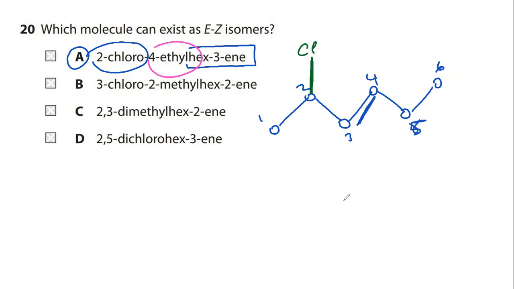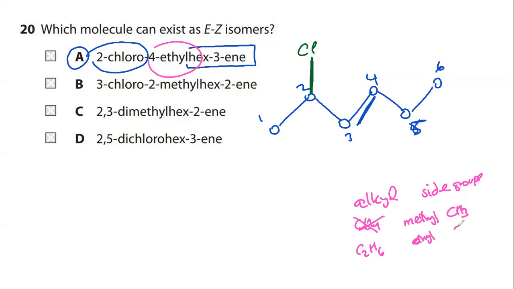For the alkyl side groups, just to help you out: methane is CH4, so methyl would be 4 minus 1, which is CH3. We know the alkane ethane is C2H6. So the ethyl is simply C2H5, one hydrogen less.